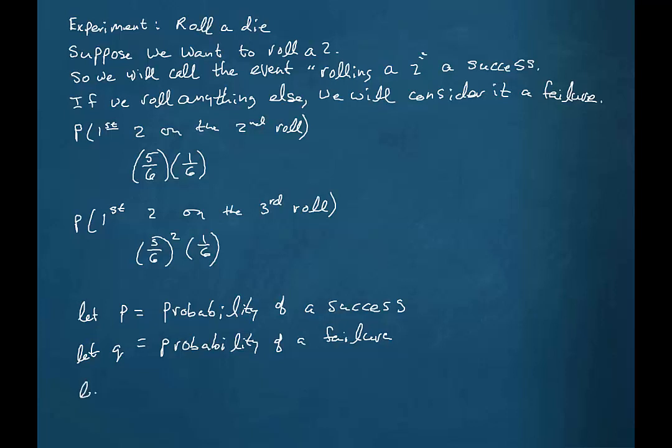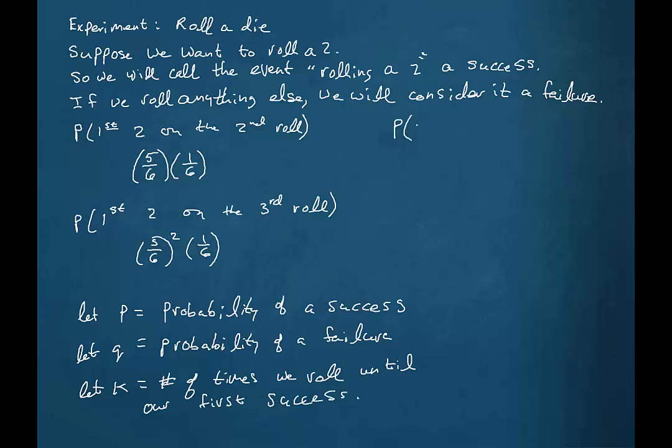And let's let K be the number of times we roll until our first success. So the probability then that that number K is equal to 2 would be our 5/6 times 1/6.